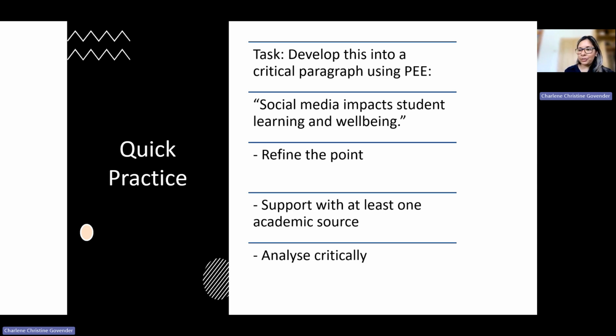This task should push you towards critical engagement. Don't just say social media affects students. It is true. However, frame it as an argument, support it with the source, and then evaluate with significance. Ask, is the evidence convincing? Are there counter arguments? And that is the critical layer that is expected of you.